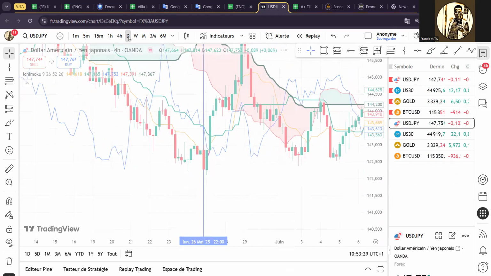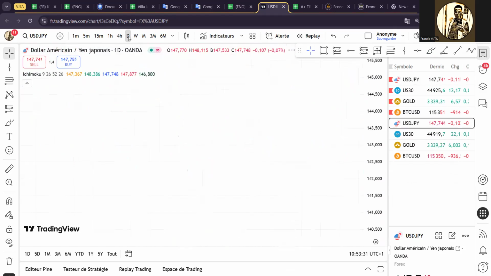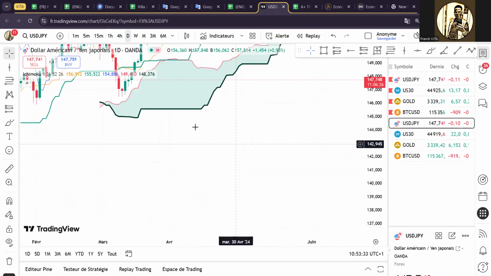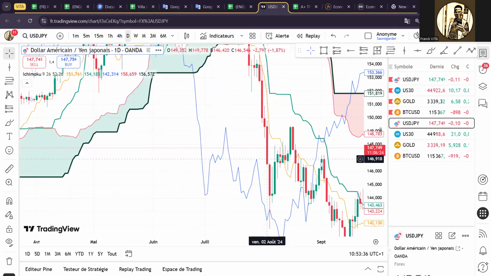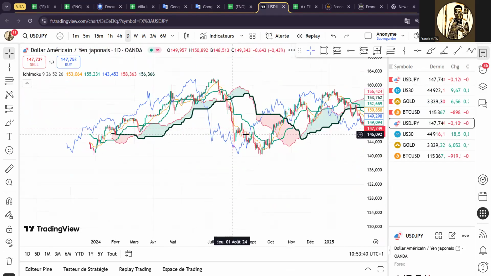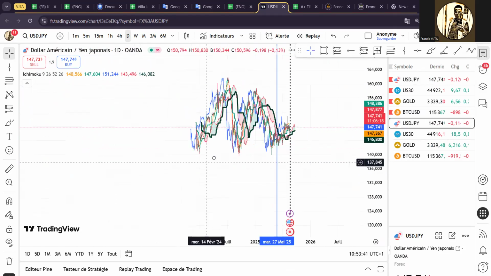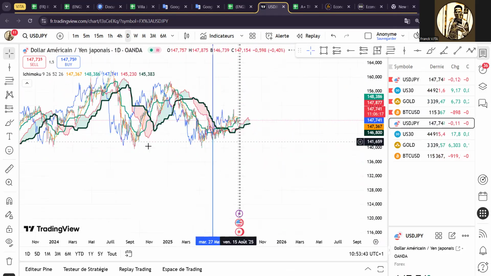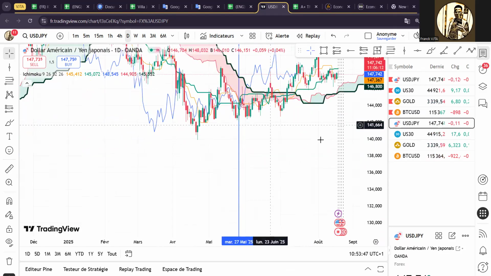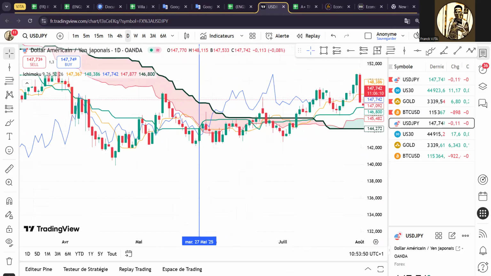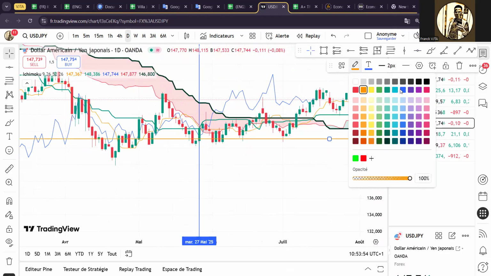If we go on daily, we're making this dunk. We were making this dunk just at that candle. So basically, we were inside a space.